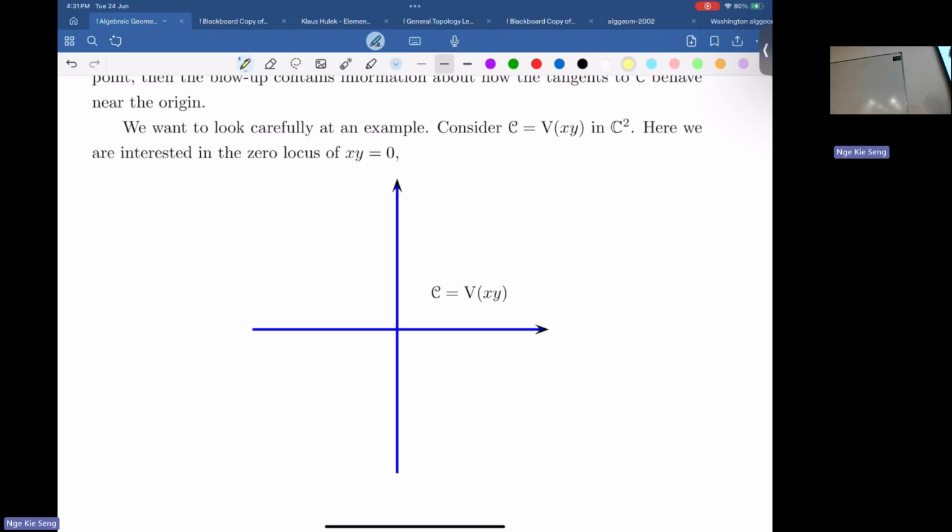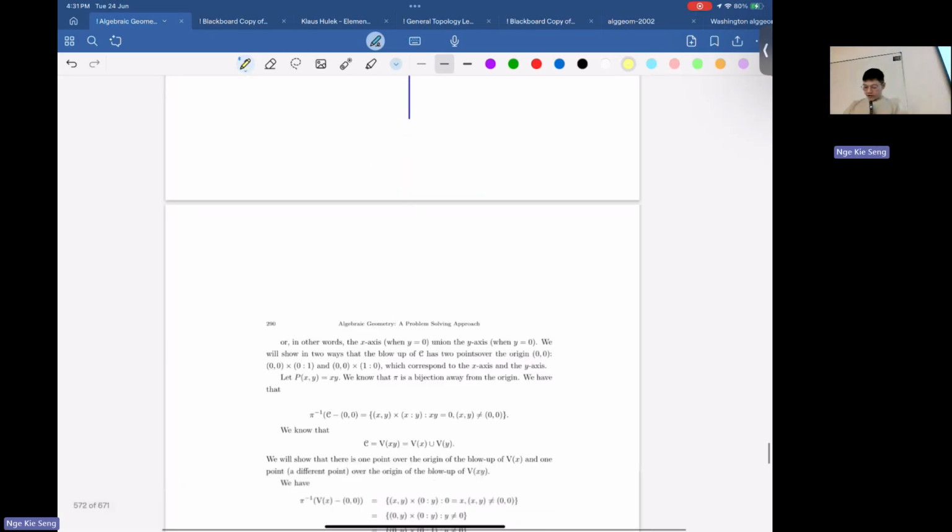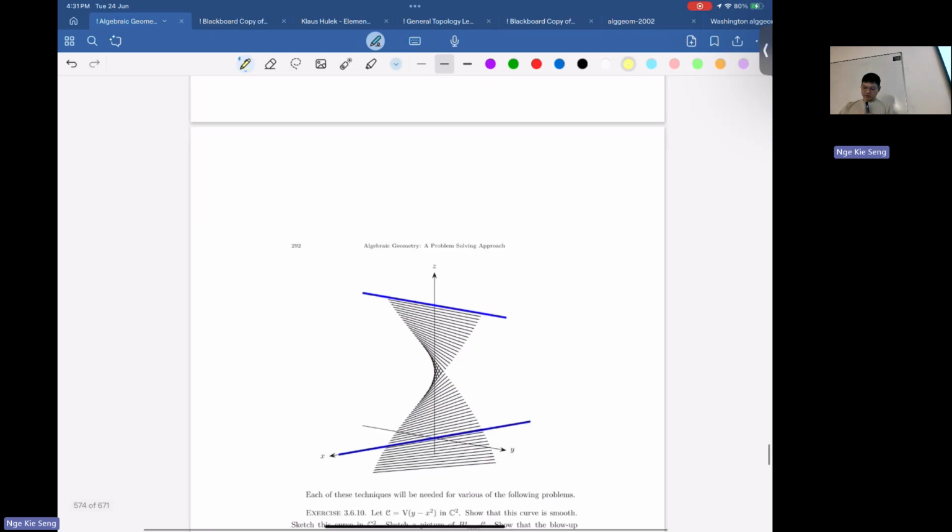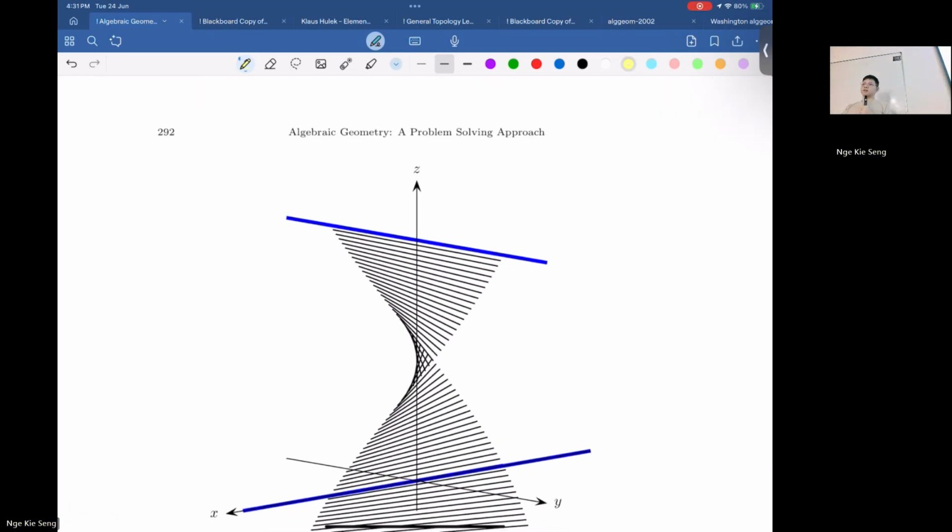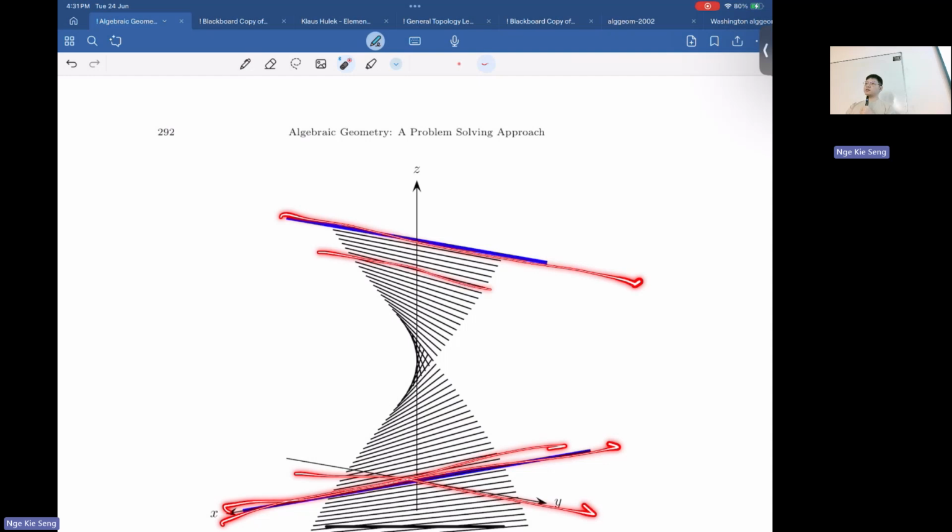But along the same line, they are at the same height. Okay, so after blowing up, you should imagine something like this. Okay, so you see, x direction, y direction. Okay, makes sense.